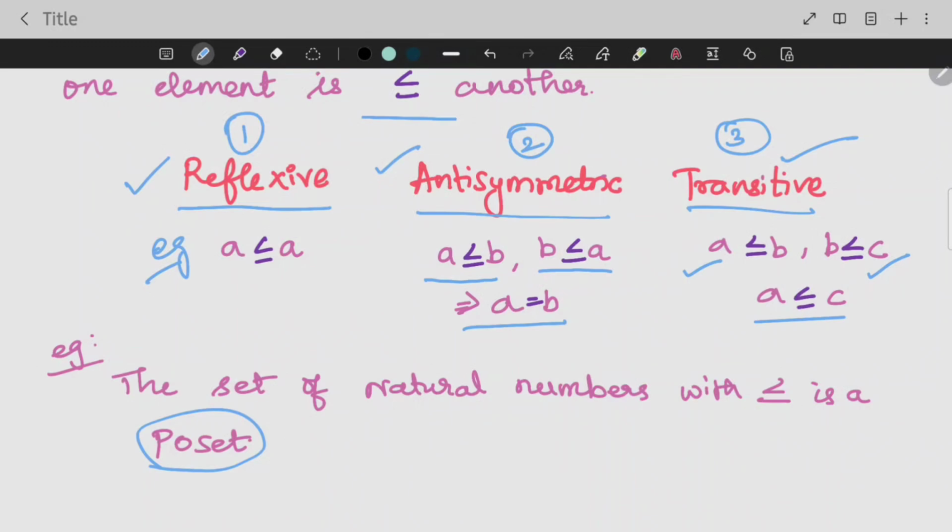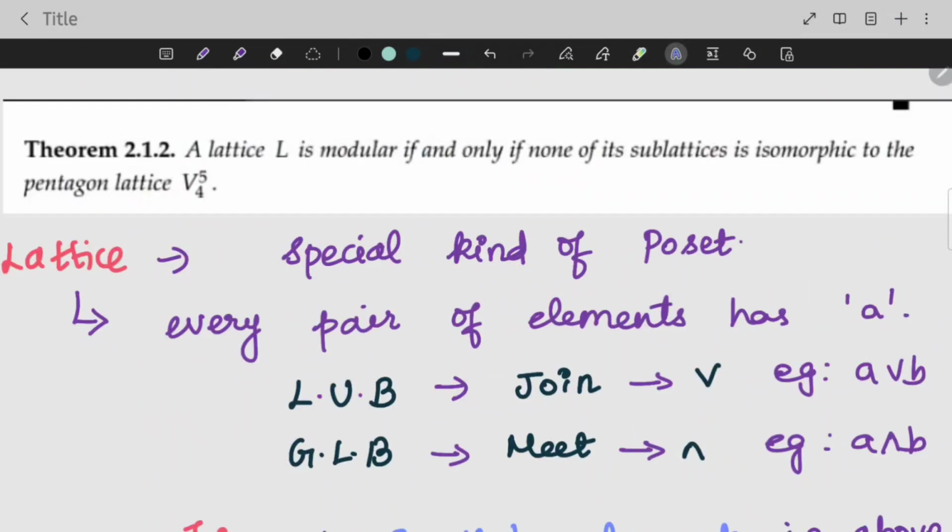Now let's see what a lattice is. A lattice is a special kind of poset. In a lattice, every pair of elements has a lowest upper bound and a greatest lower bound.